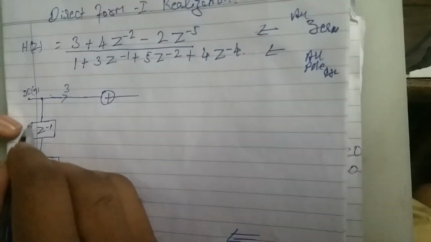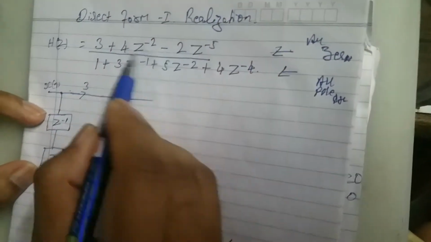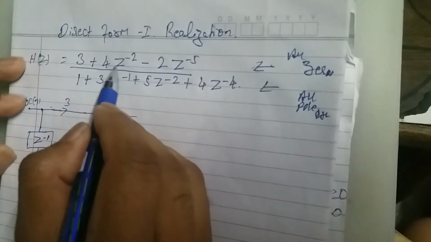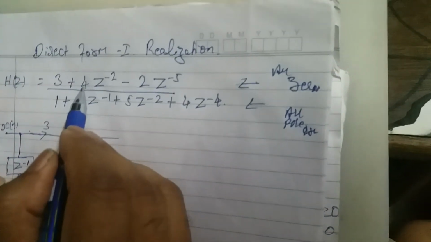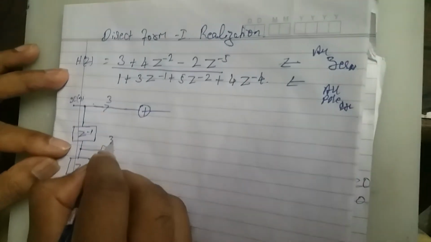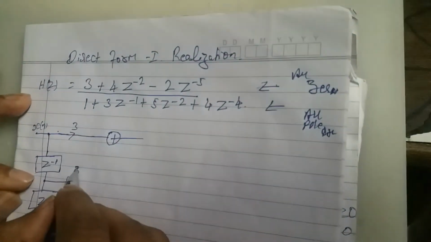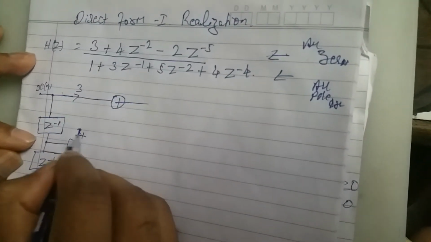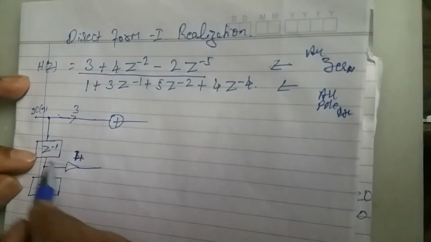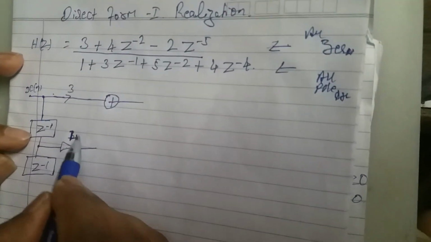You add these two, you get 2 delay blocks over here. The first delay block is multiplied with a multiplier 4. Right, it's been multiplied with 4.